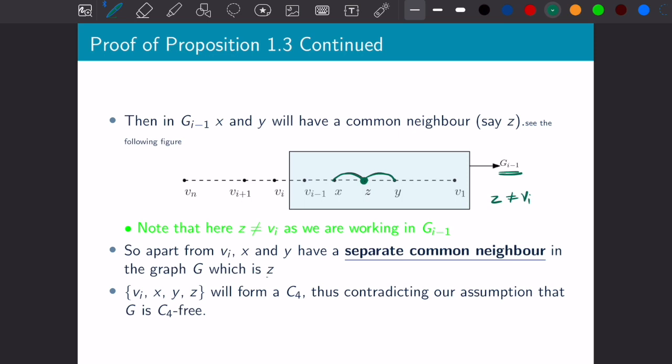So we can conclude that apart from Vi, these two vertices x and y have another common neighbor in the original graph G, which is z, which means that together Vi, x, y and z will form a C4, thus contradicting the statement of the proposition, which is that G is C4 free. So this concludes the proof of proposition 1.3.